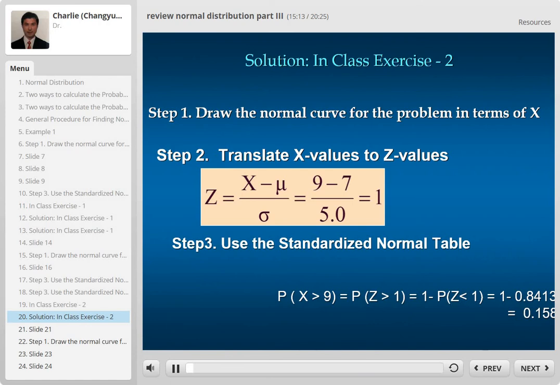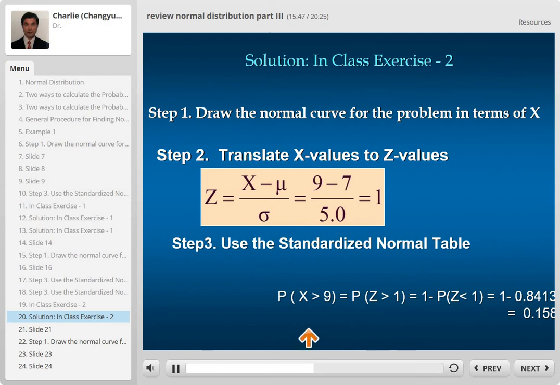Alright, I assume that you have done this in-class exercise too, so let's take a look at the solution together. Step 1, we draw the normal curve for the problem in terms of x. I assume that you can do that right now, so I'm not going to draw it here again. Step 2, we translate the x value to z values, so z equals x minus mu divided by sigma, plug in numbers, equals 1. Now, we use the standardized normal distribution table.